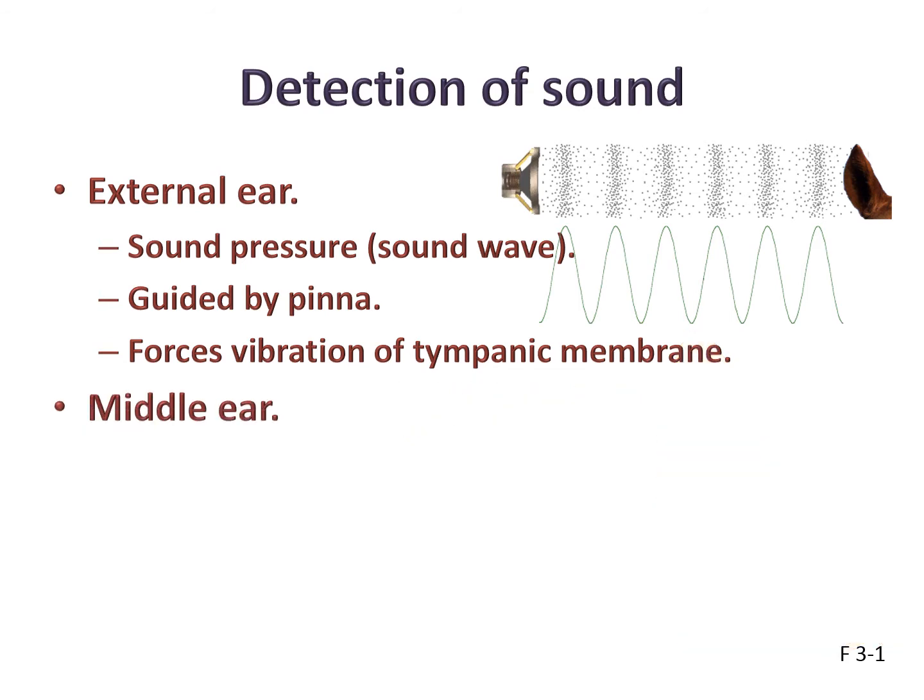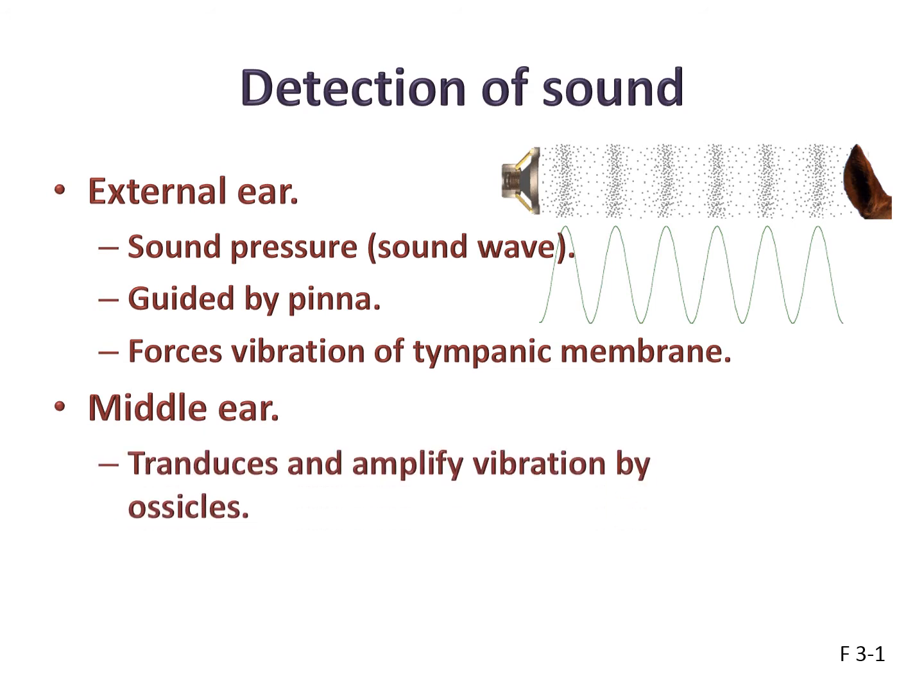So now we do not have a sound wave, but we have a physical vibration of the eardrum, which is in contact with and transmitting the vibration to the ossicles. The ossicles are a series of three very small bones called the malleus, incus, and stapes, or what are more commonly referred to as the anvil, hammer, and stirrup, respectively.